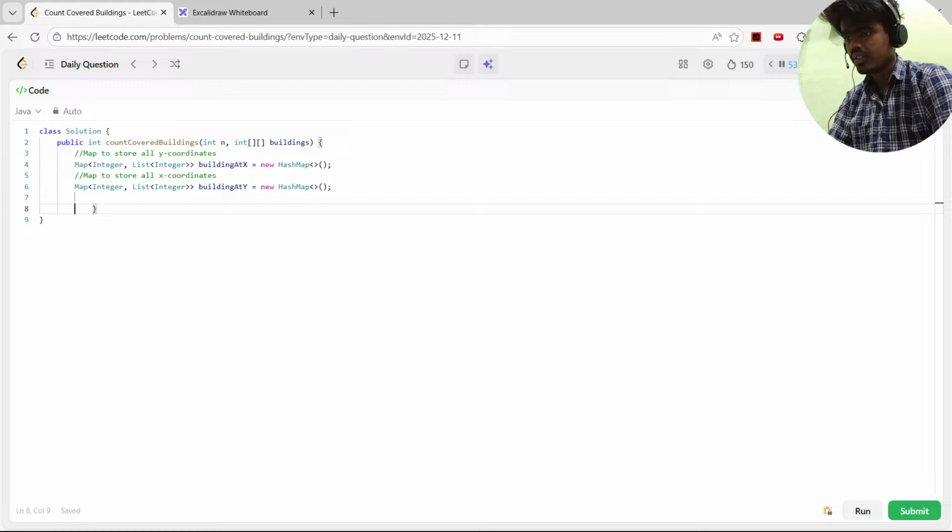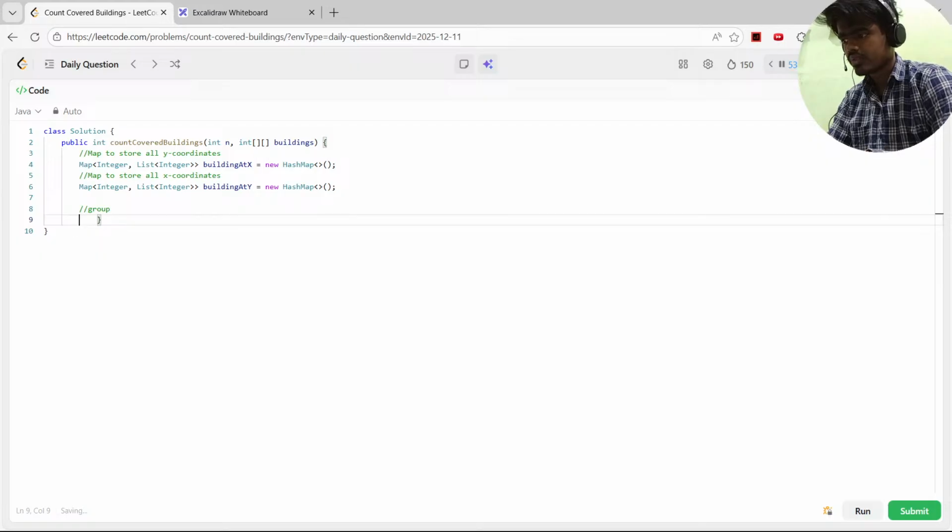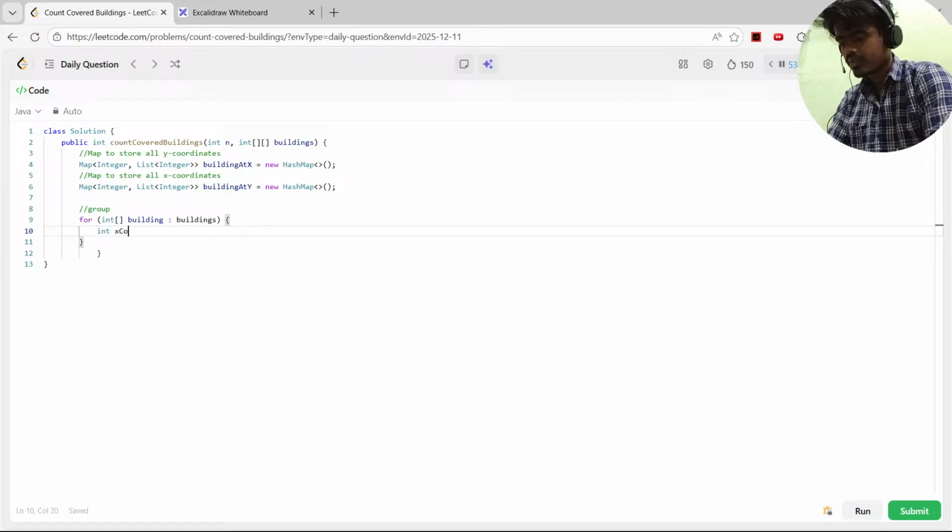First we write the group, which will go over the buildings in order.